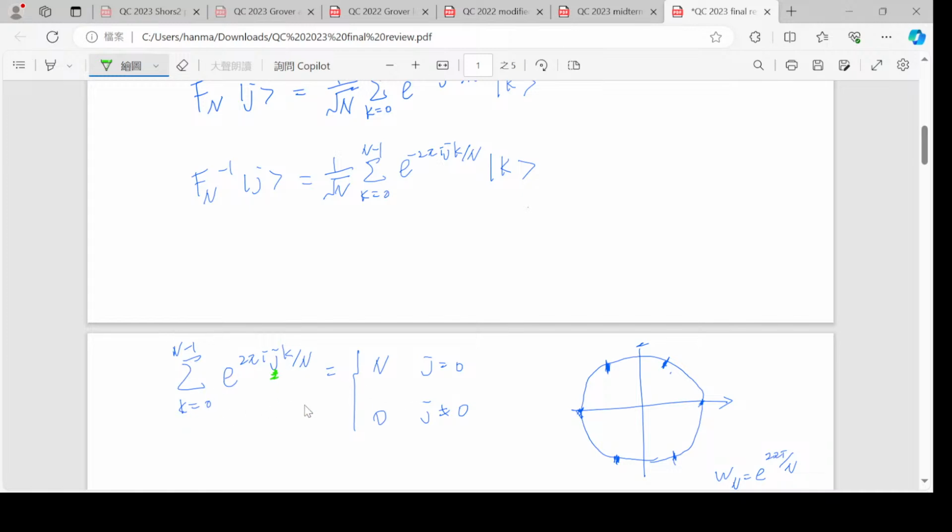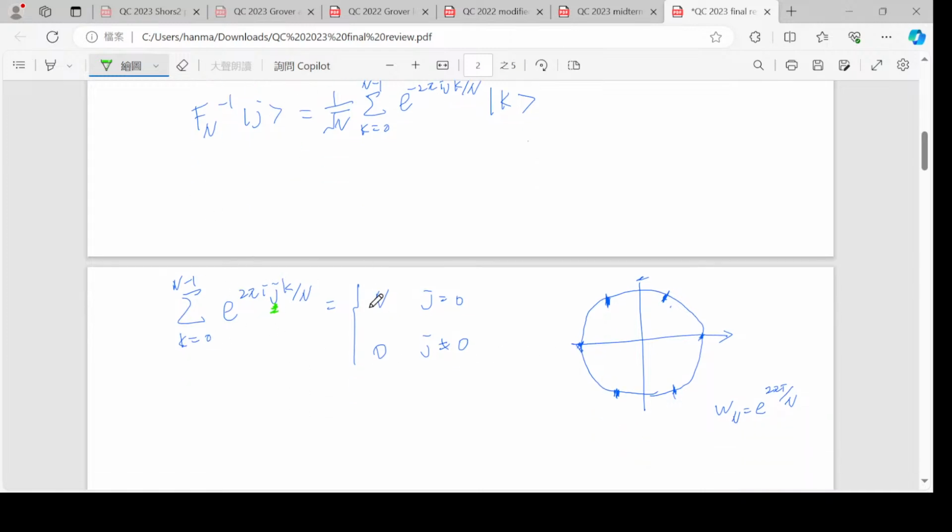Then you find out that if j is not equal to 0, this thing becomes 0, because those phases will be equally spaced points on the unit circle of the complex plane. Think about this complex plane, this is the real axis, this is the imaginary axis. When you sum over k, you sum over an equal partition of points on this circle, and by looking at the geometry, these equally partitioned points sum to the origin, which is 0.